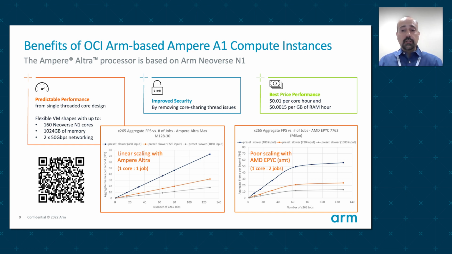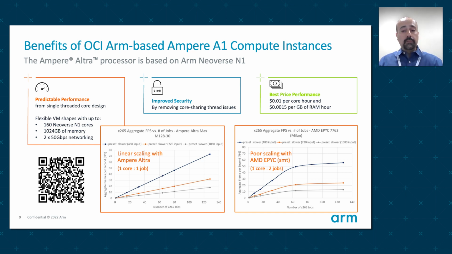The advantage of a dedicated core per thread model that Arm Neoverse provides is that it enables predictable performance. So you can scale between 1 to 160 cores and have that scaling be very linear and not be degraded by how other threads are taxing system resources.